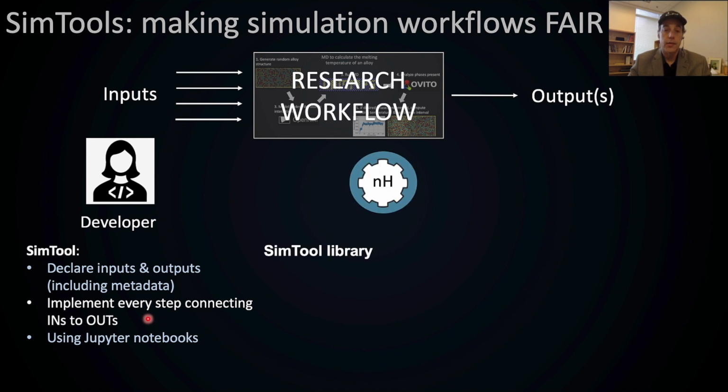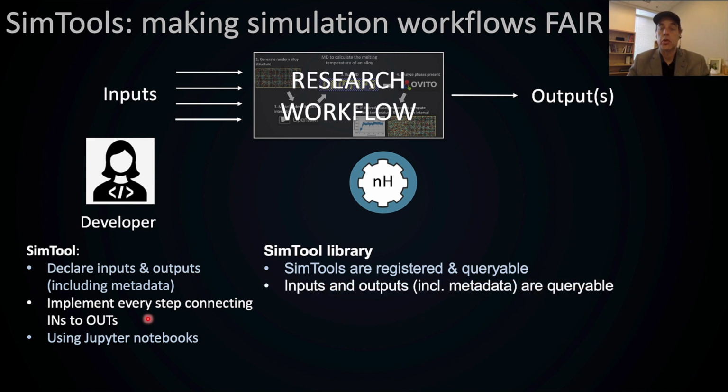Now, nanoHUB, the SimTool library, does a lot of the magic that connects these to the users. So the SimTool library, when you register a tool, they're queryable, so anyone can find the tools and can find the inputs and the outputs of every tool. The inputs and the outputs and the descriptions of the tools are all queryable.